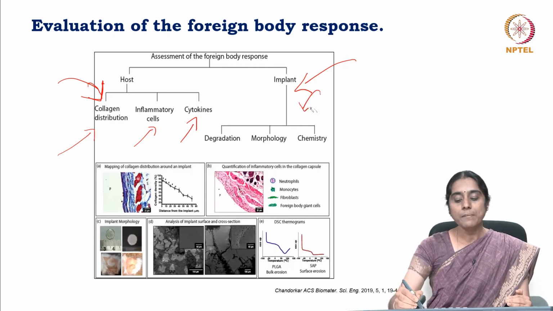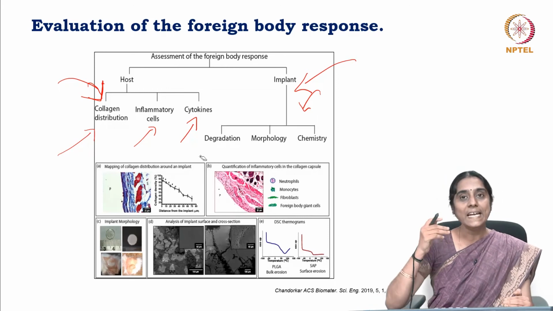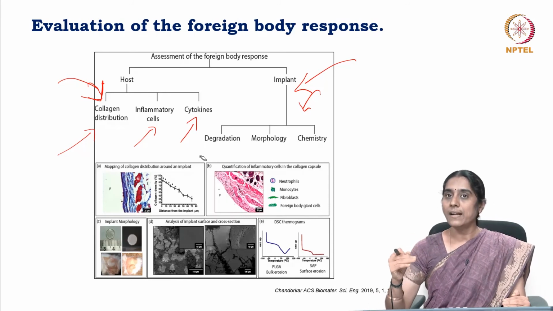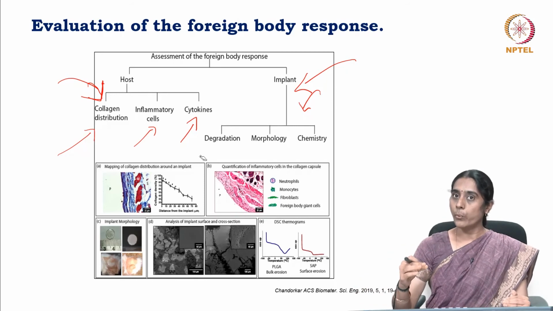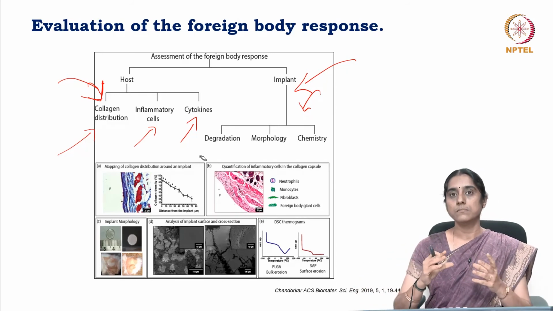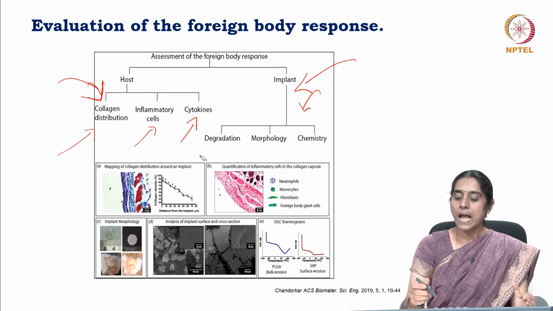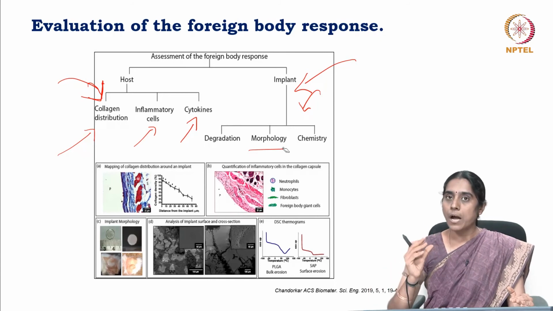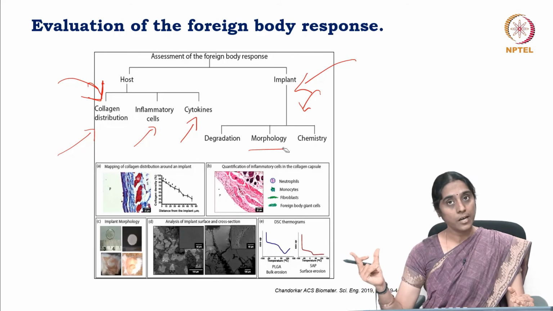Okay, from the implant point of view, how can we study? We should see the degree of degradation, whether an implant is degraded immediately when placed along with immune cells. Even in vitro, we can see that. And we already saw in the previous slides that the physicochemical properties can influence the immune response.